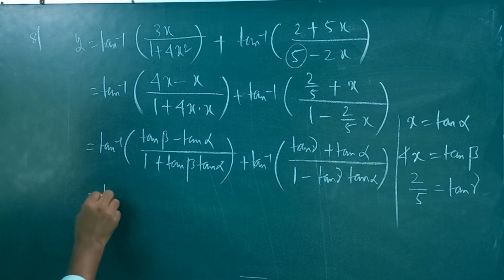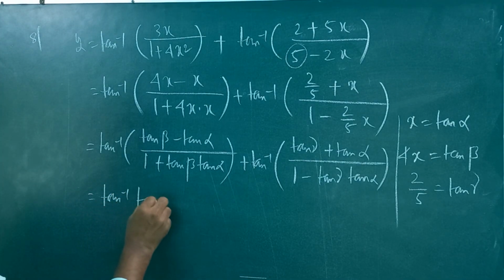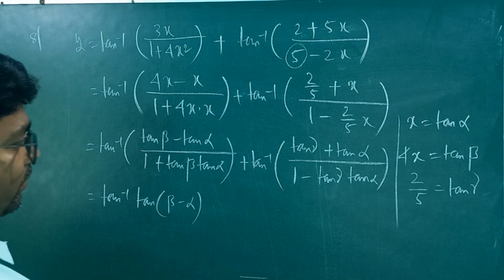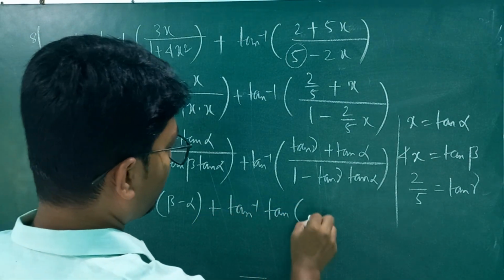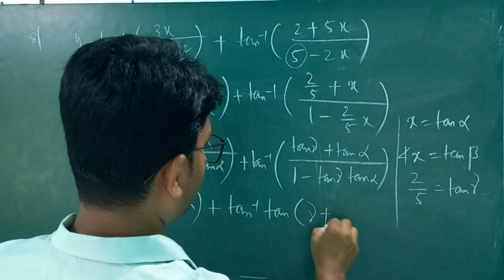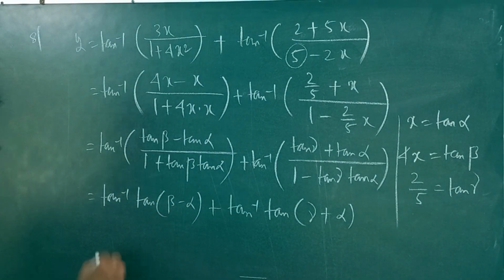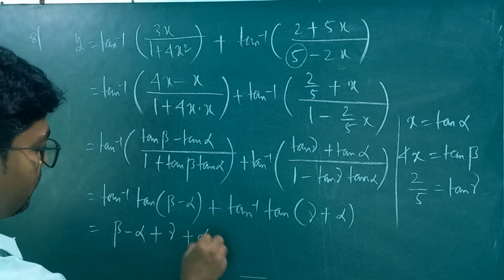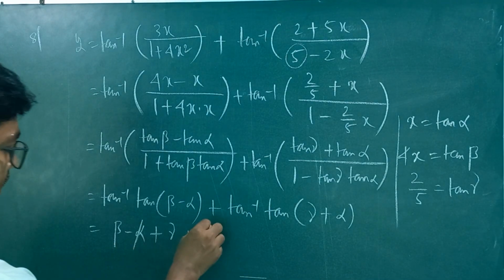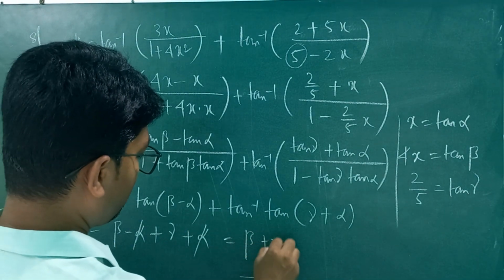So this one is tan inverse tan of (beta minus alpha), plus tan inverse tan of (gamma plus alpha). So beta minus alpha, gamma plus alpha. This alpha, alpha cancel, only beta plus gamma.